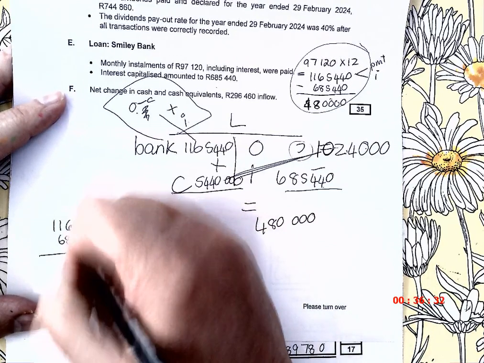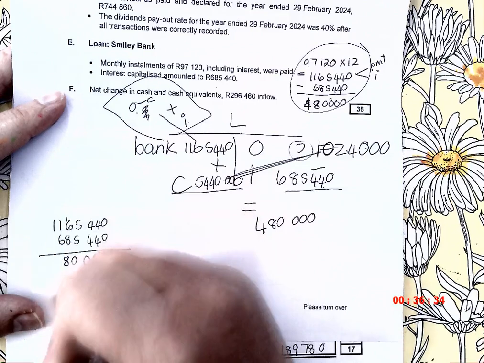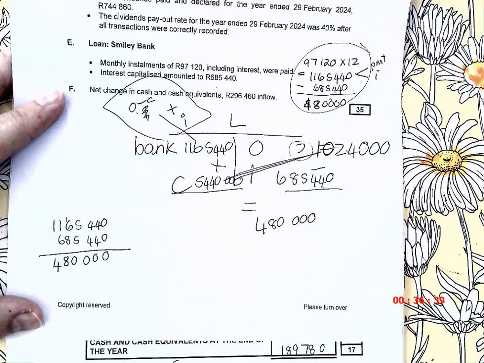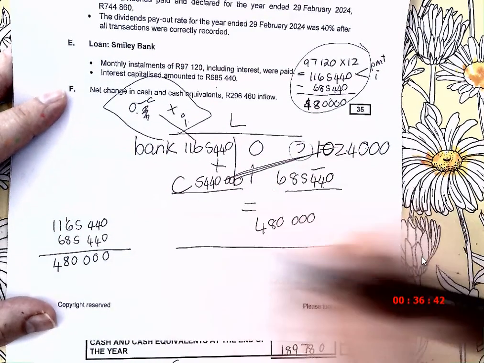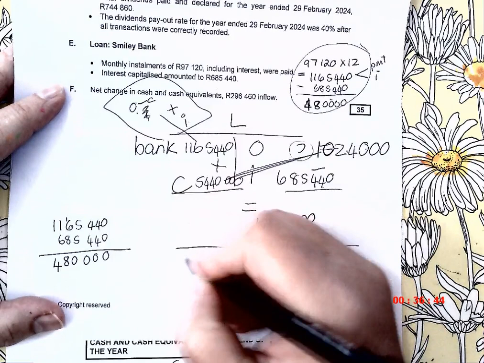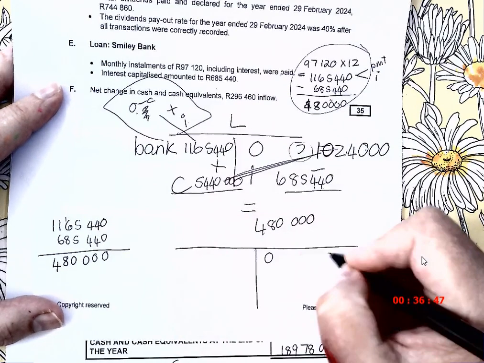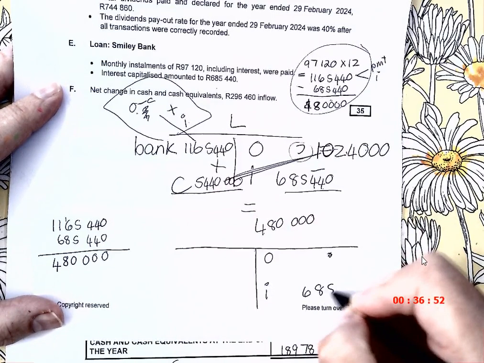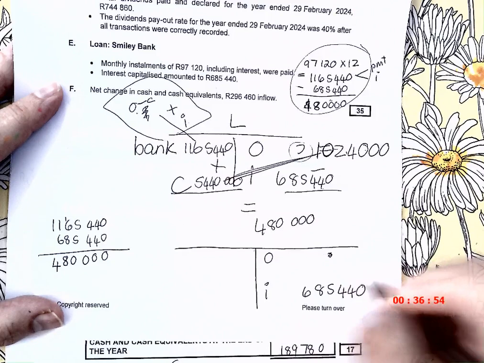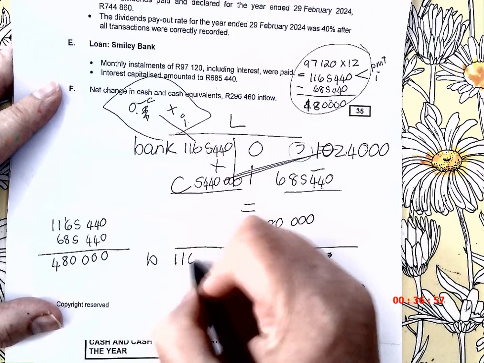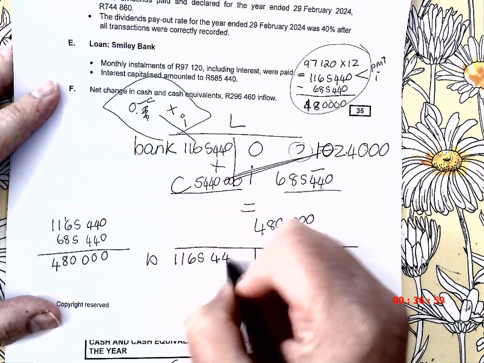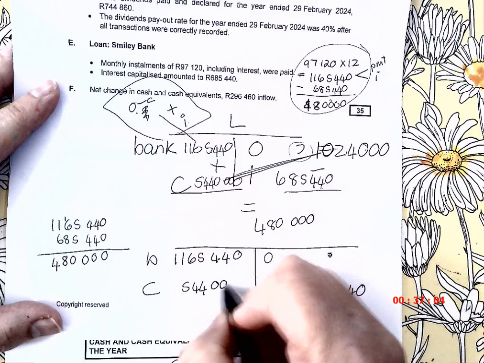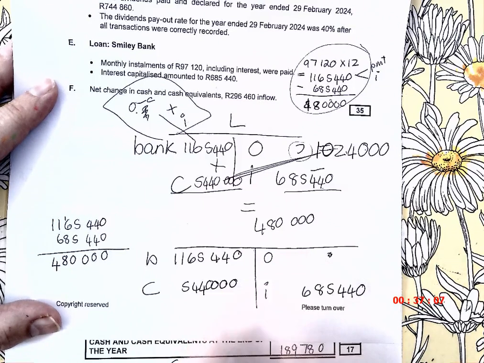No, I'm not worried about the T account. So it's 480. If I do the T account, I've got the opening, which is X. I don't know the opening. I've got the interest 685,440. I've got the bank 1,165,440. I've got the closing 544,000. Now, let's balance.